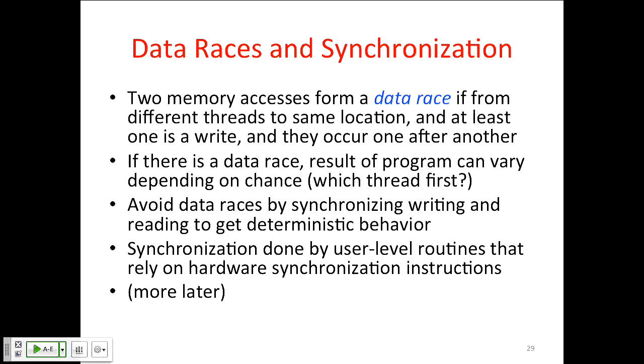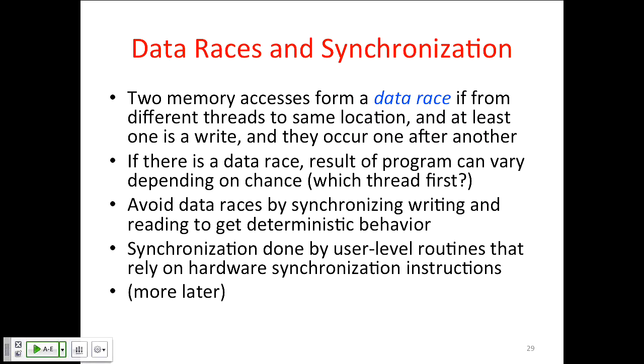Now, one of the ways this problem shows up is if 2 of the threads are accessing the same shared memory location, and one of them is doing a write, then we have what's called a data race. So the problem here is, one of them is going to write, they're both going to read the location, and you're not sure what order the write is going to happen relative to the read.